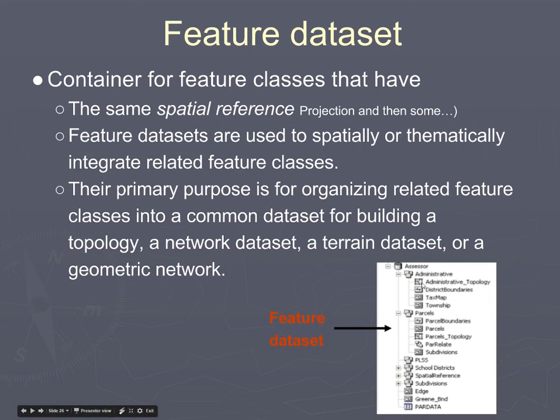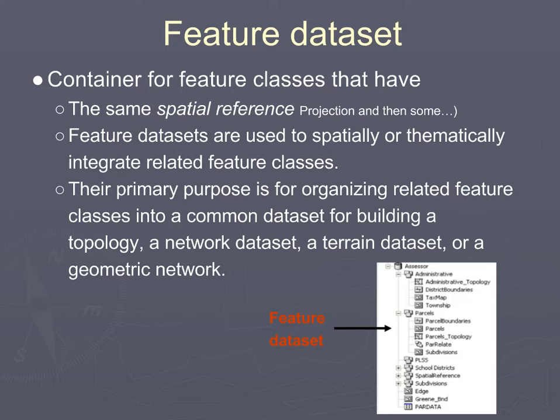So anytime you work with a map topology, or not a map topology, a geodatabase topology, or a geometric network, your feature classes that are spatially related, connect in some way, have connecting lines or polygons or coincident polygons, must be managed in a feature dataset. So at the original release of the geodatabase, that was the reason for using a feature dataset, was to spatially integrate related feature classes.